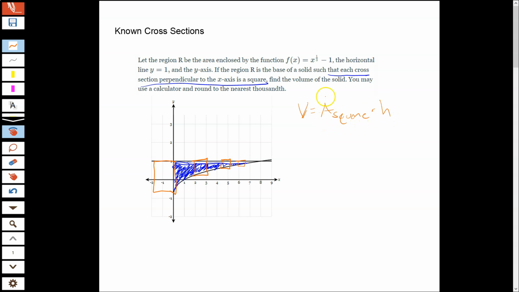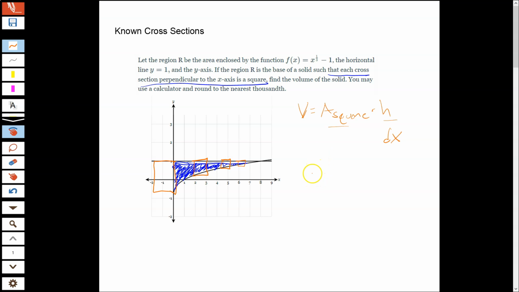Because the volume of a shape that's not like a pyramid is really just the area of the base times the height. Okay, so the height, again, is going to be dx in our integrals. The area of the square is what we've got to figure out.